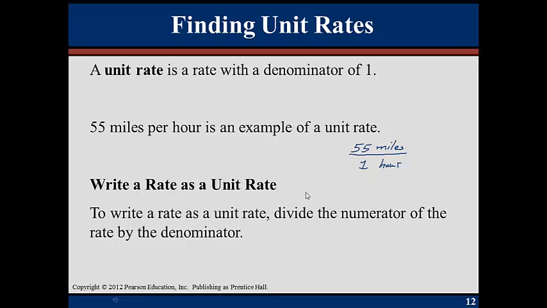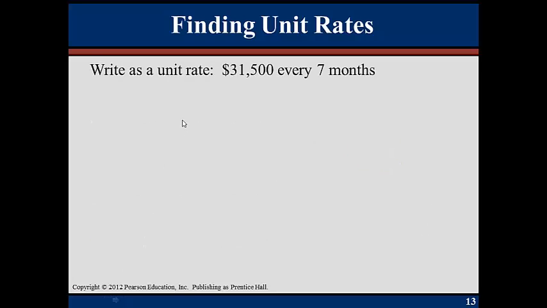Now, how do you write a rate as a unit rate? To do so, you're going to divide the numerator of the rate by the denominator. Divide the numerator by the denominator. It says write as a unit rate. We have $31,500 every 7 months. So first, let's start by writing it as a rate.